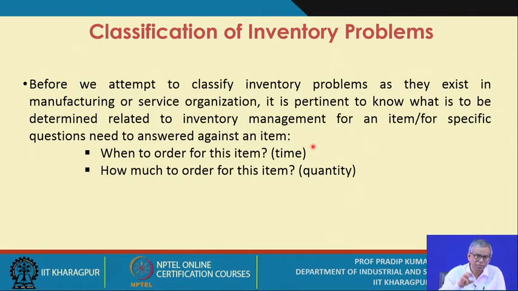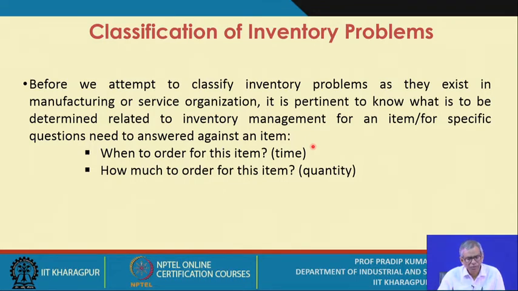Related to a particular inventory item, two questions are to be answered. The first one is when to order for this item. It must be known whether at any point in time or at a particular point in time. So related to time, there will be this question and you have to answer it.